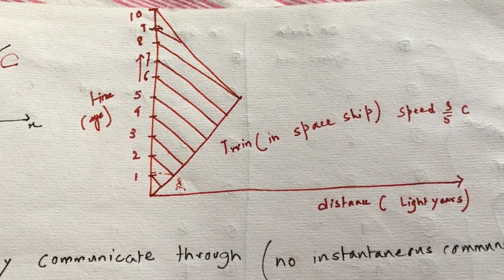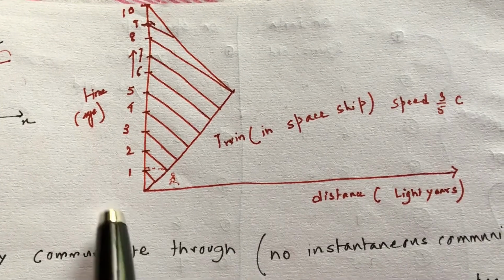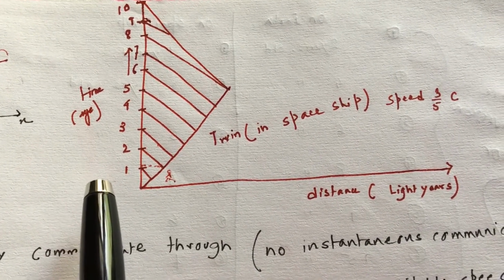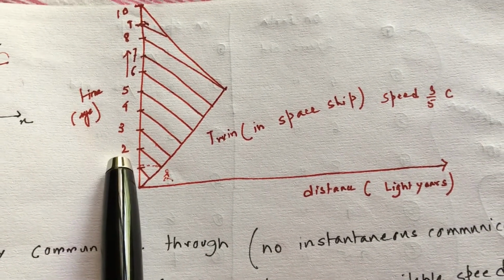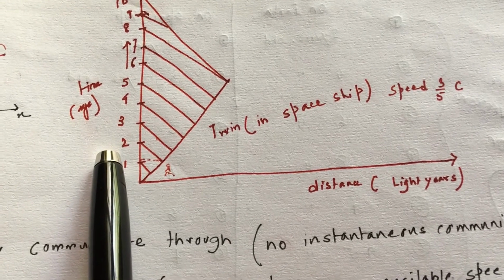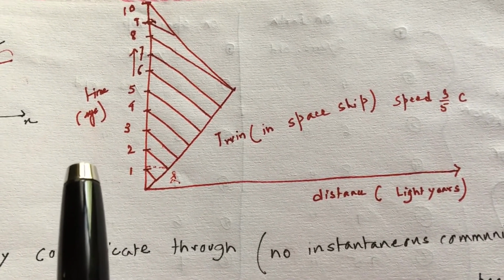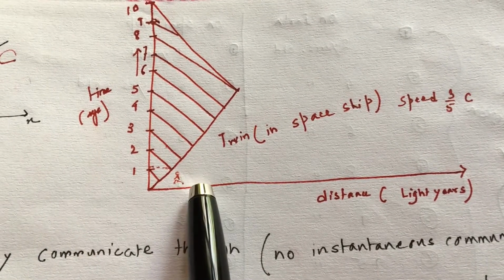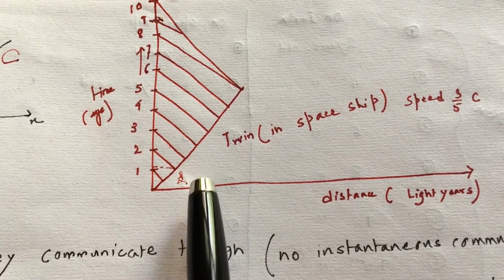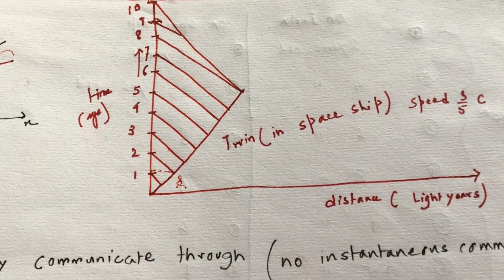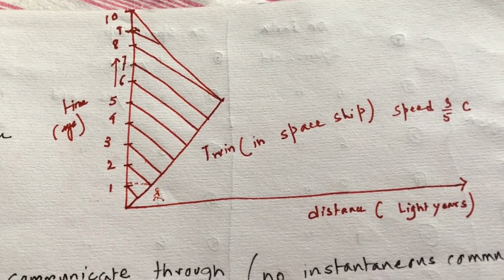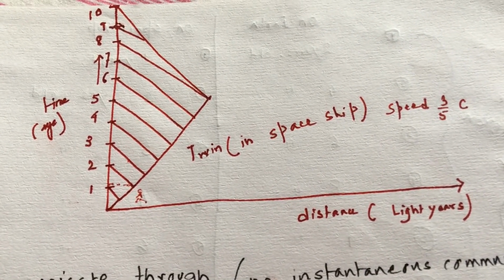But one thing I would like to mention, that this twin on Earth is moving with a constant speed, which is the speed of Earth. But this twin on the spaceship will experience acceleration. Acceleration is something you can feel suddenly.